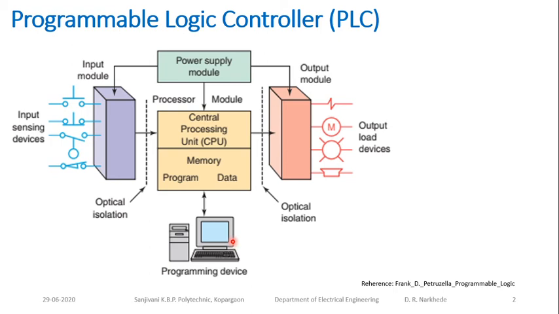The programming device is not an integral part of the PLC. It is the external part. Nowadays we use a laptop as the programming device. But in the earlier days, dedicated computers were used as programming devices. If you wanted to purchase a PLC, you had to purchase that programming device.